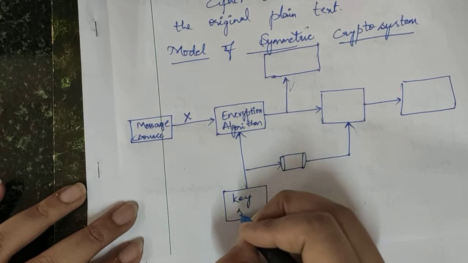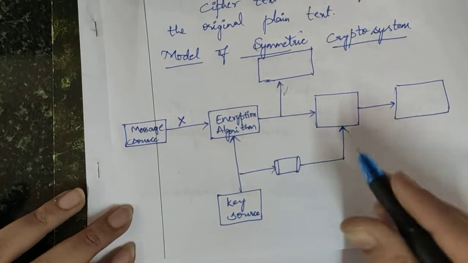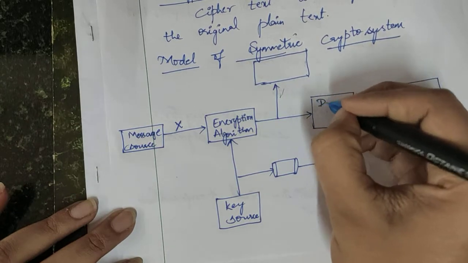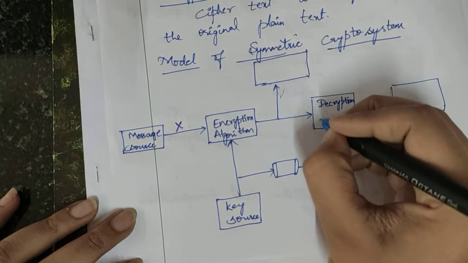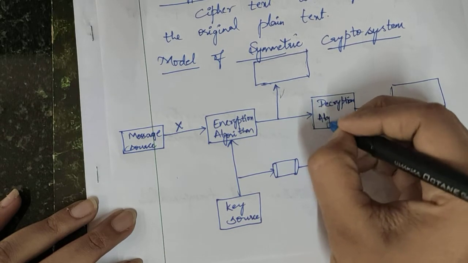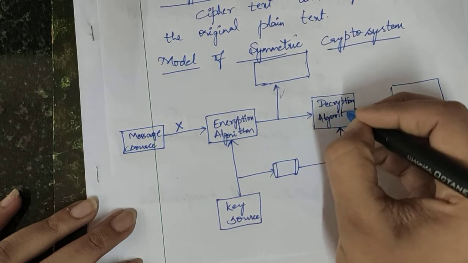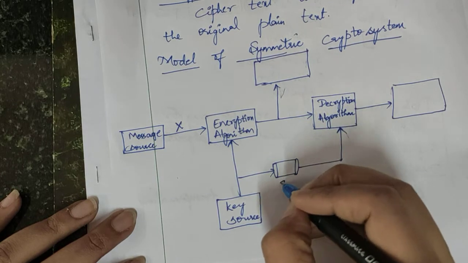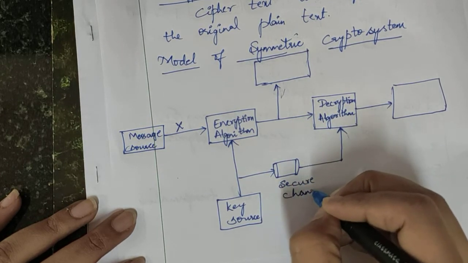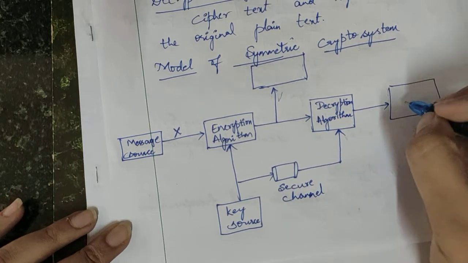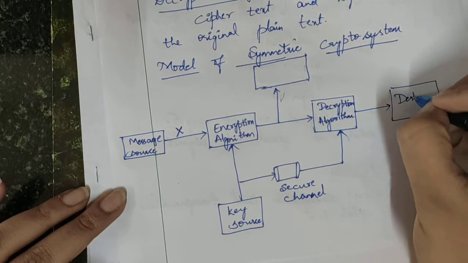This is nothing but the key source. Okay, so here obviously it will be a decryption algorithm. This is the secure channel, and this is the destination.